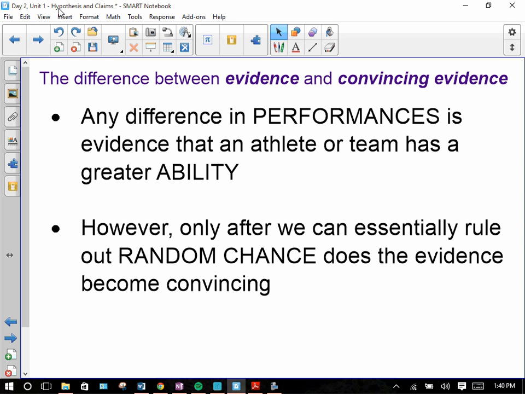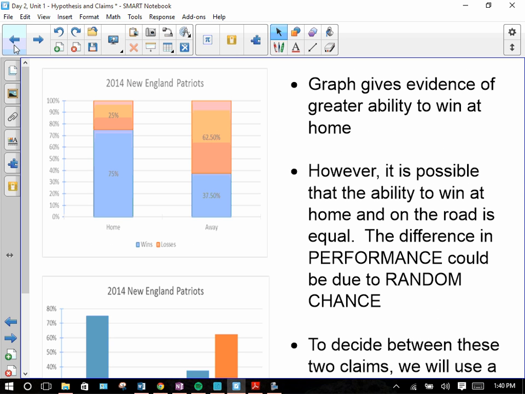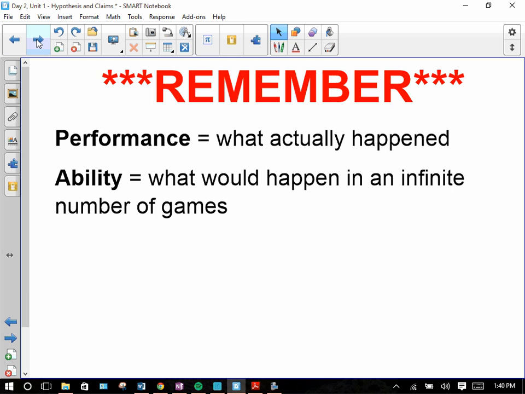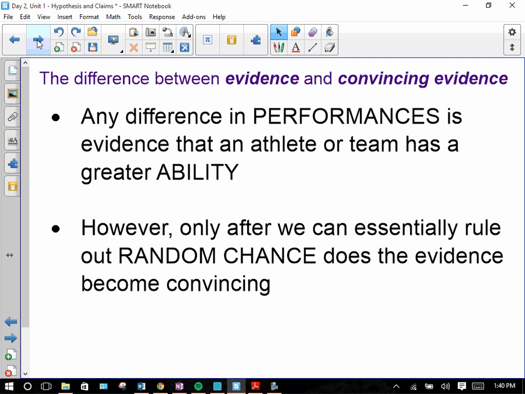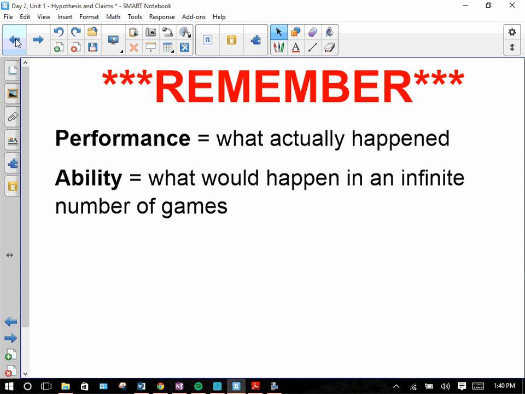So, here's the big difference between evidence and convincing evidence. Any difference in performances is evidence that an athlete or team has a greater ability. So this is evidence right here that a team has a greater ability.